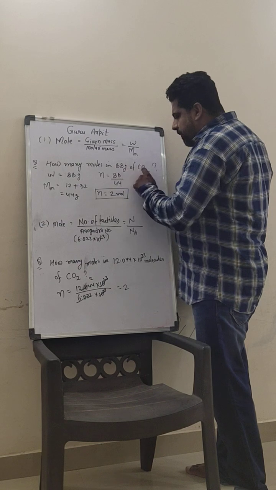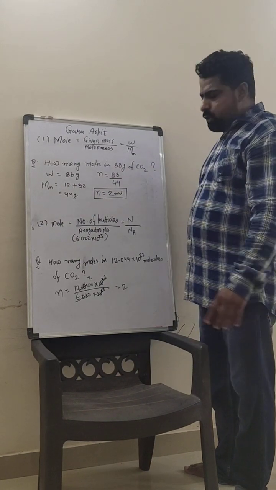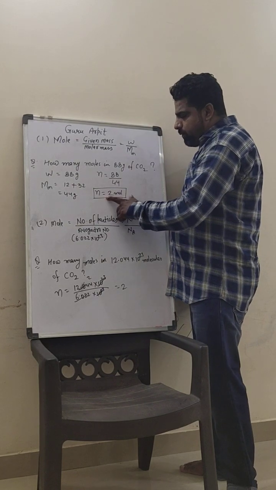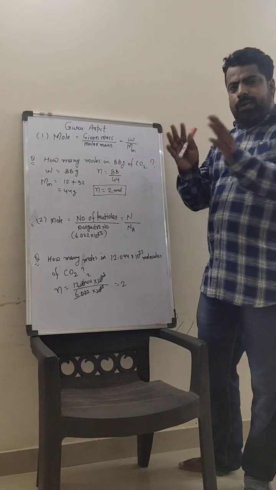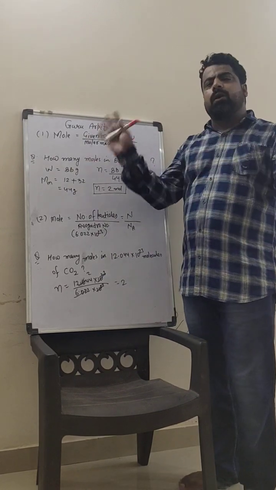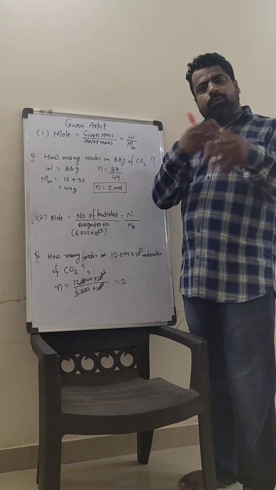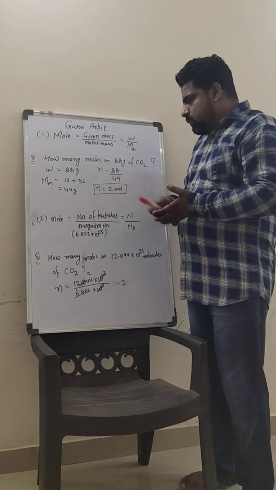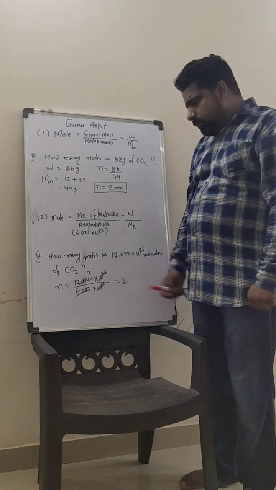So the total molar mass of carbon dioxide is 44 gram. By dividing 88 by 44, you will get 2 moles. So you have 2 moles in 88 gram. Suppose you are given any mass, and you will take out the moles from it.